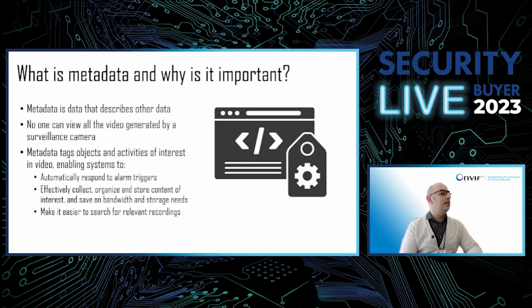So metadata tags objects in the video to focus on important events that happen in the video, and that allows us to automatically respond to alarm triggers, collect and organize the content of the video in a better way for better search, or transfer video more efficiently and save bandwidth, or make it easier to search for relevant recordings.